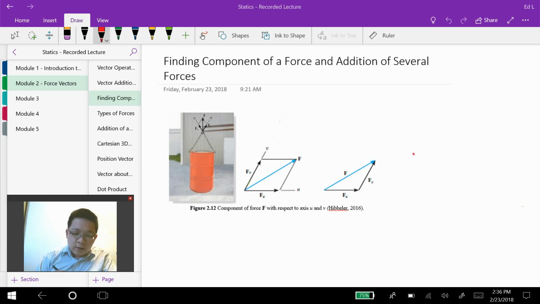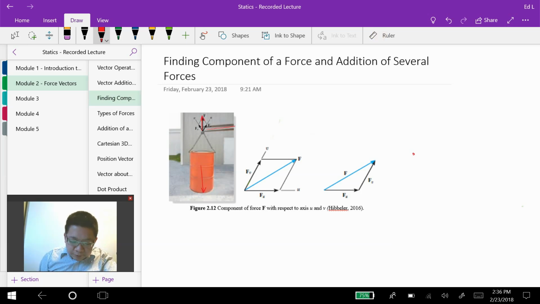For example, let's consider a case where a container is held by a beam right there, and the force exerted by the beam to hold the weight of the container is going up, since the weight of the container is going down, right?